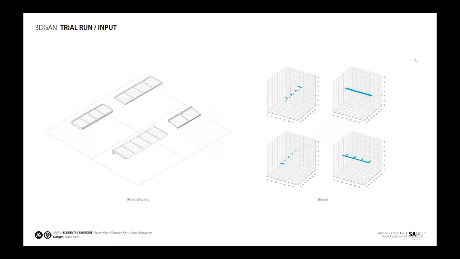So yesterday I did a trial run in 3D GAN using some of my simple canopies, like bus station canopies. And it was just using a handful of models. As you can see, the same issue with the voxelization occurred where my geometry was just a bit too thin. But that was what I started with.